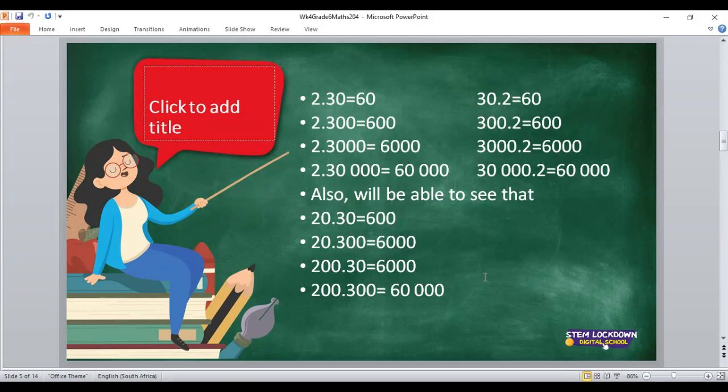And then again, the vice versa. Now we go to our hundreds. We have 200 multiplied by 30, which is now 6,000. And also 200 multiplied by 300, which gives us an answer of 60,000.